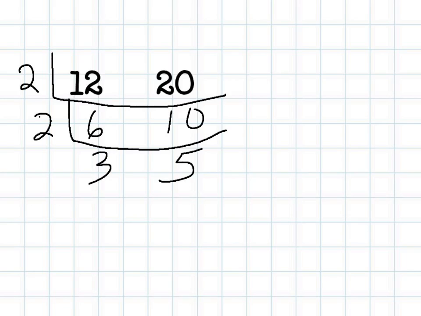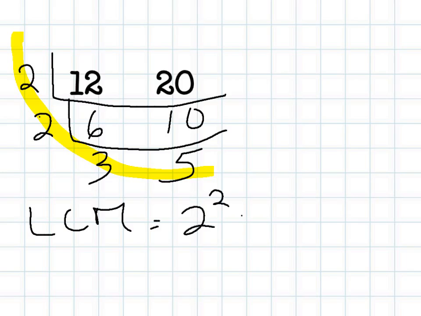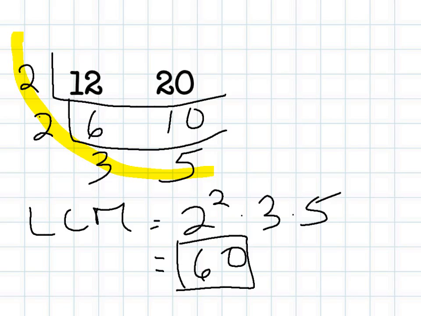The answer is no. That tells us that our prime factorization is finished and that these are the numbers we're going to multiply in order to get our LCM. So your LCM on this problem is 2 squared times 3 times 5. Well, 2 squared is 4, 4 times 3 is 12, and 12 times 5 is 60. So your LCM is 60.